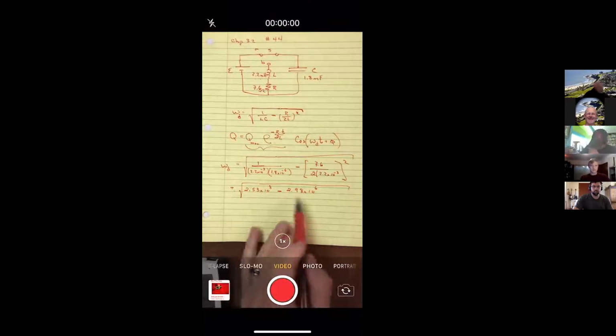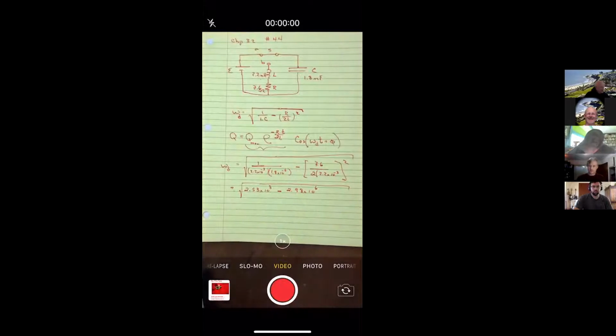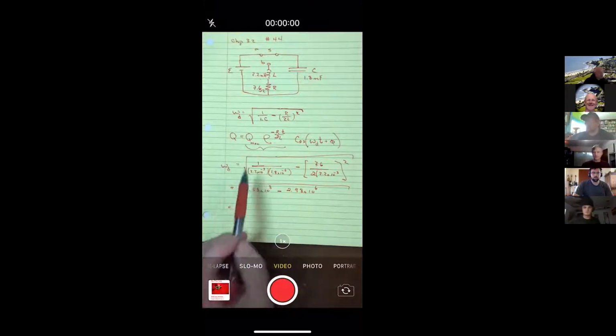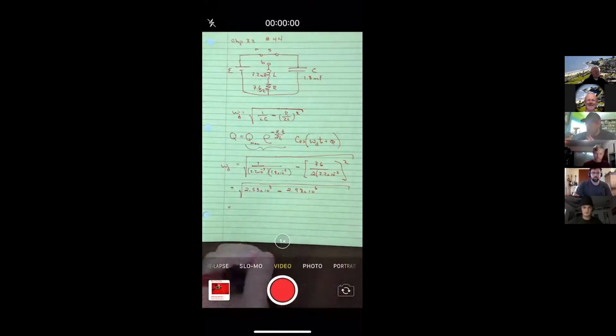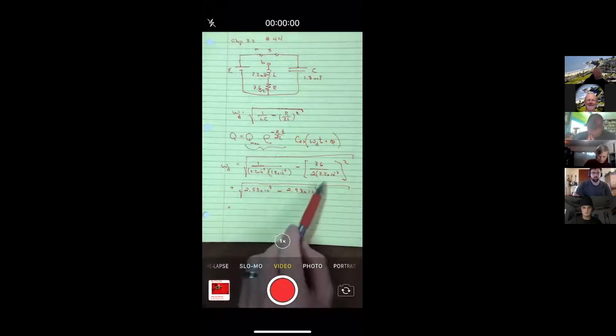So not too much. This is 100 times smaller than that. So it's about a 1% effect. So this thing would oscillate pretty much at the same rate as if there was no resistance, or really the resistance isn't big enough to really even show.